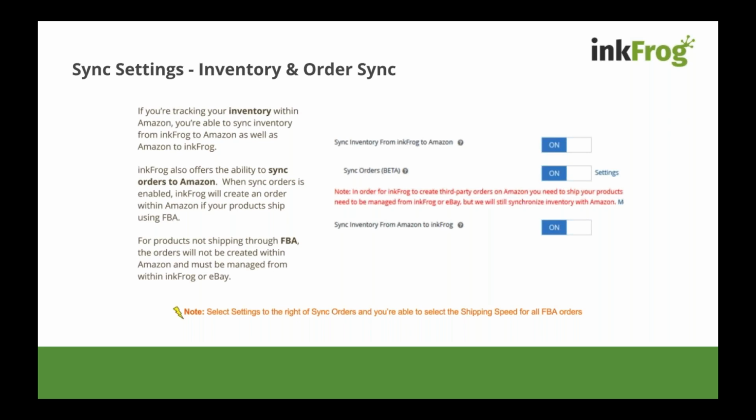You would have to fulfill those directly through eBay. Then the next one is sync inventory Amazon to inkFrog. With that on, whatever inventory you have in Amazon will sync over into inkFrog for your eBay listings.